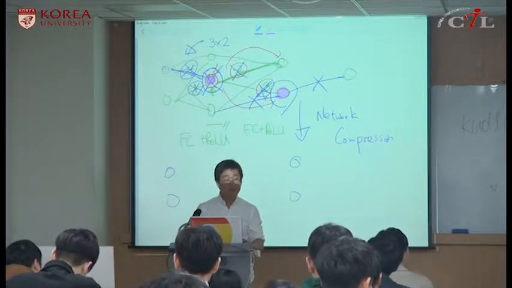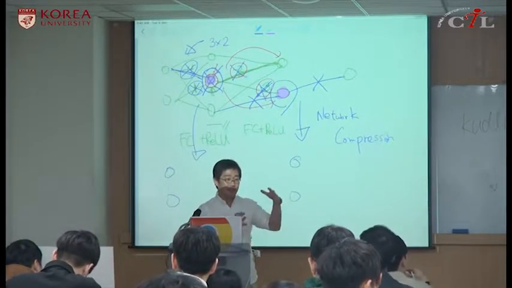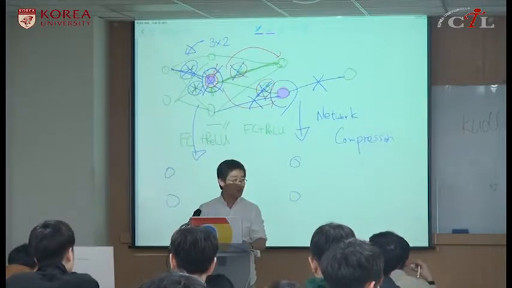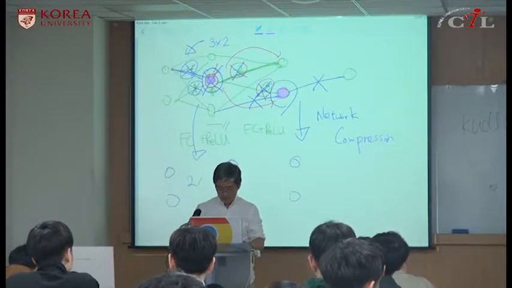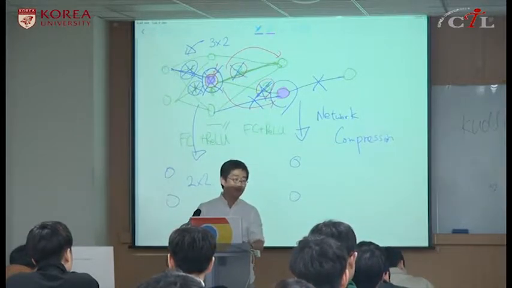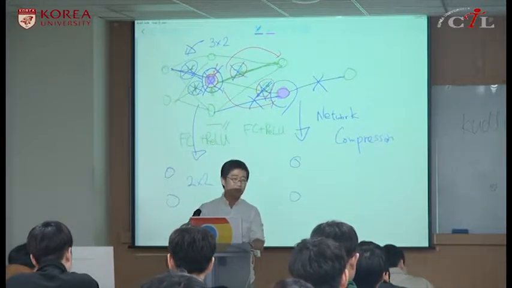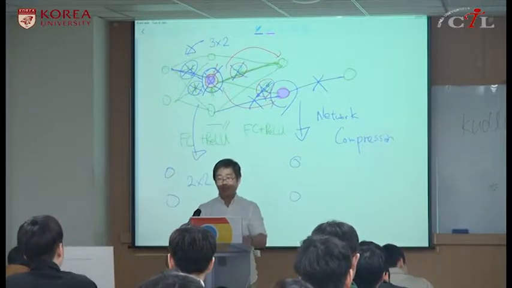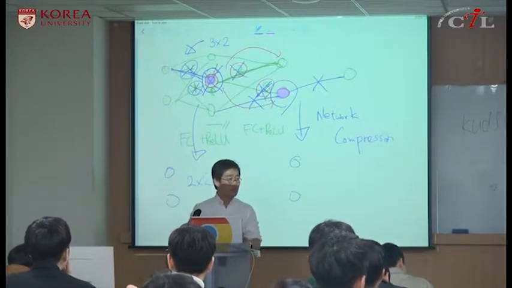But what if we actually remove the dead ReLU and make our network smaller? Then we only need to store a 2 by 2 linear transformation weight matrix, right? So in this case, we actually need a smaller amount of memory, right?